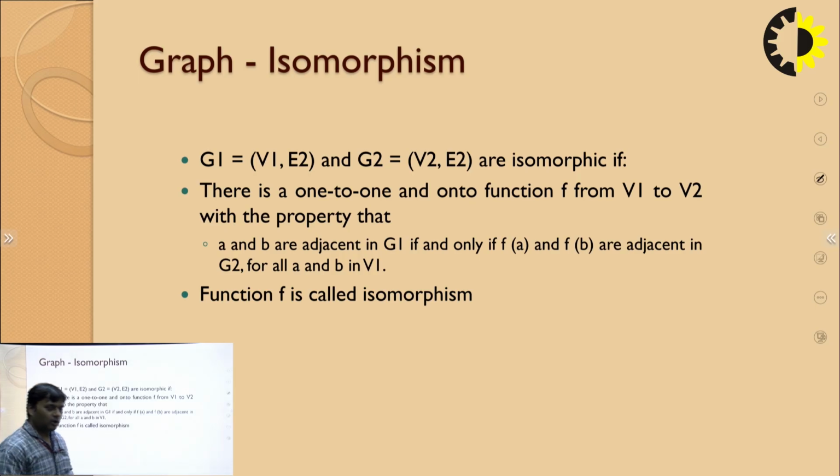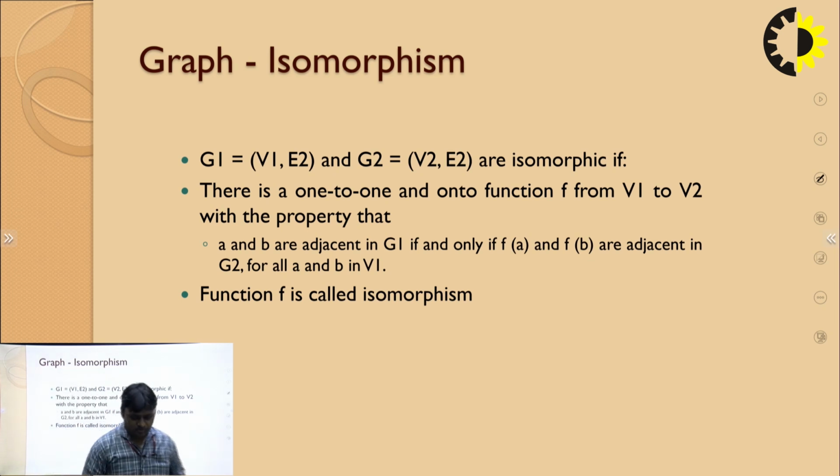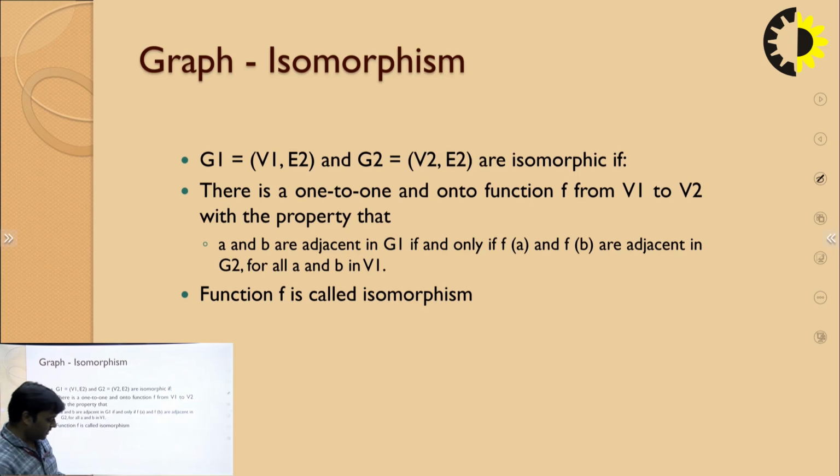Function f is called an isomorphism. In a simple definition, an isomorphic graph is one in which all the vertices and edges correspond to those of the second graph.